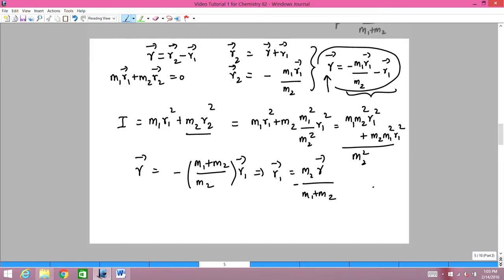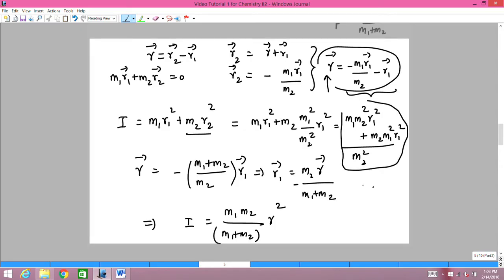Okay. So, if you substitute r1 square here, you will get immediately the expression that I is equal to m1 m2 by m1 plus m2 times r square. Okay. Please remember, this is nothing other than m1 plus m2 by m2 times r1 square. So, substitute this and you get the moment of inertia I as this value.